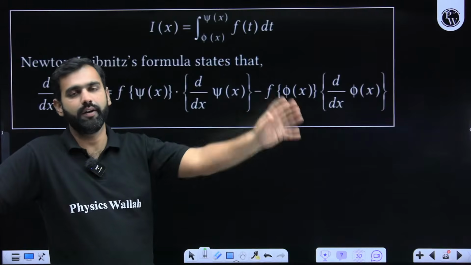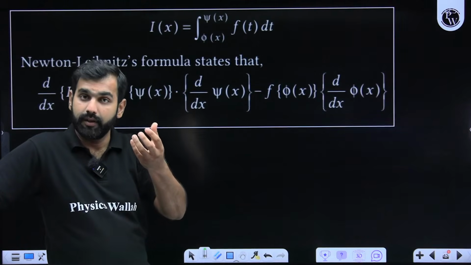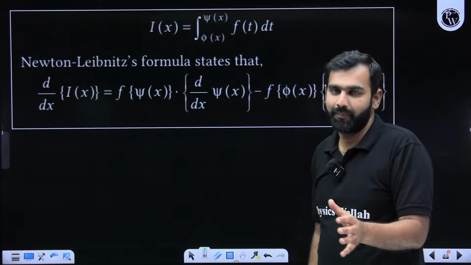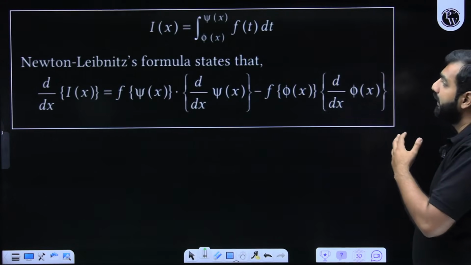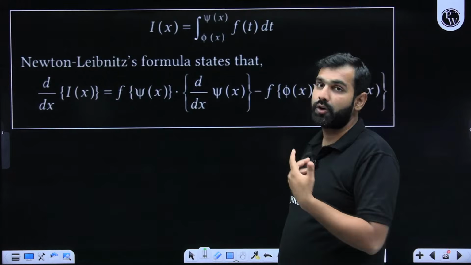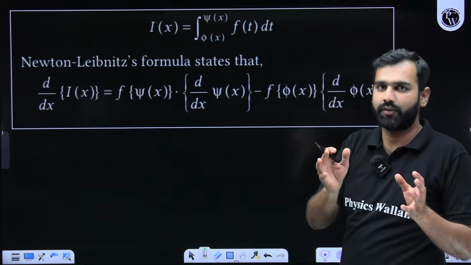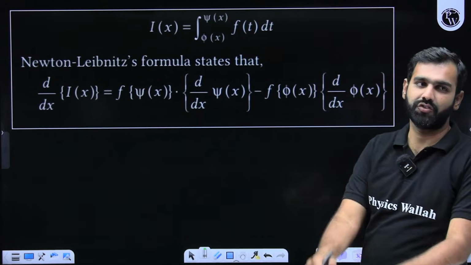Newton in his own world, Leibniz in his own world. But the best part was that whatever conclusions they came up with were the same. And that's where we give tribute or credit to a lot of theorems and inventions as Newton-Leibniz formula. So both of them are credited with these inventions or discoveries.